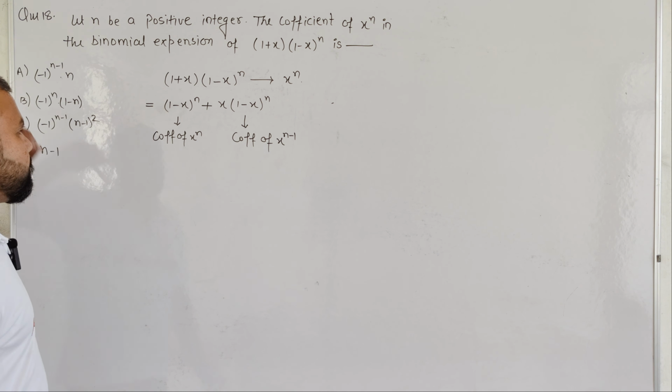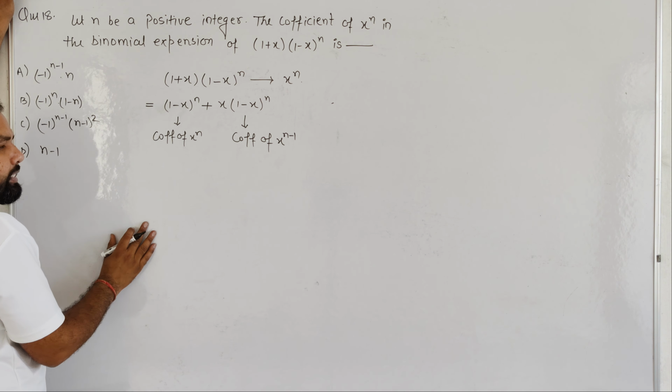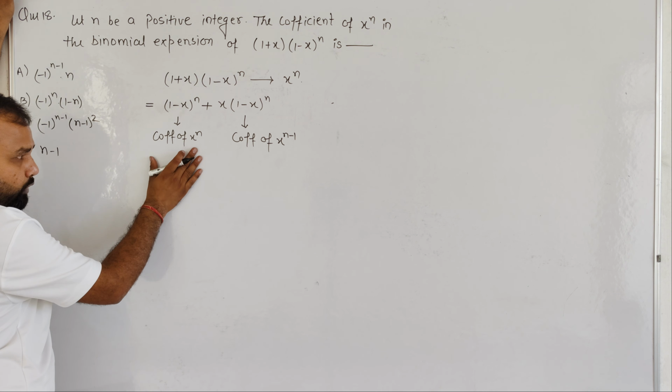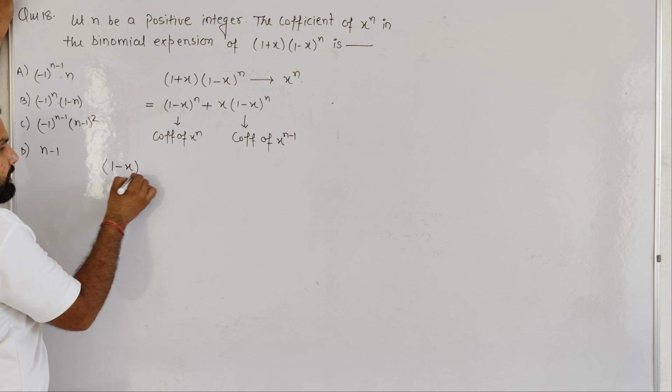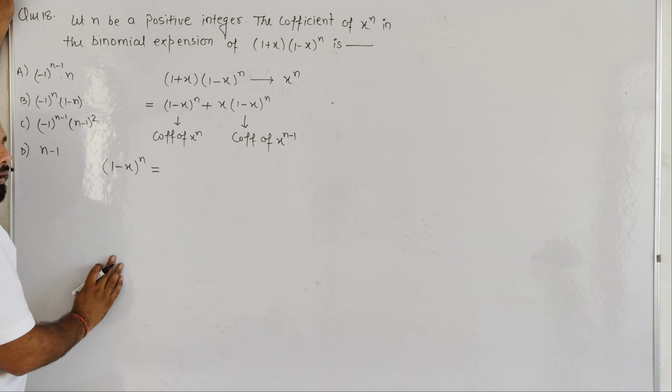Okay, student. So let's start. What is the concept and how to find the coefficient of x to the power n in this expansion? Student, you know very well the expansion of (1 minus x) to the power n.